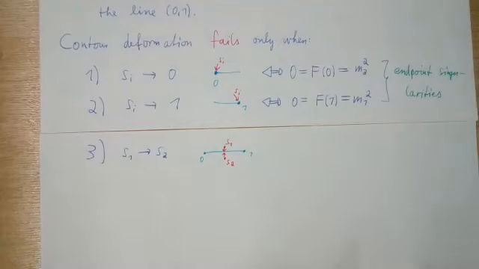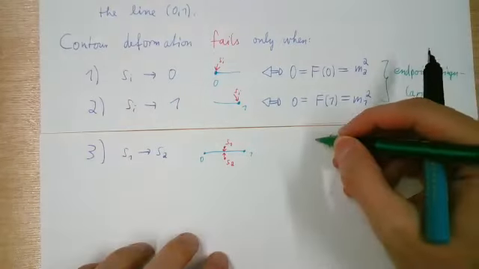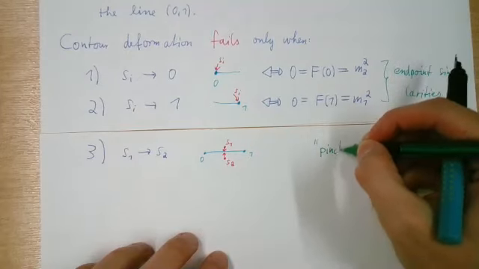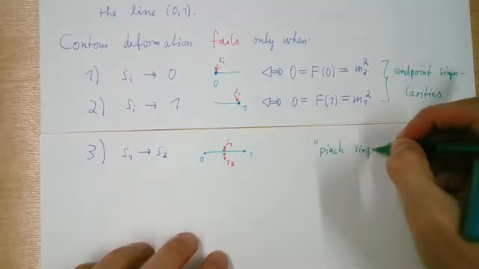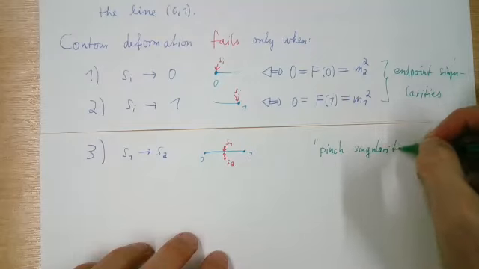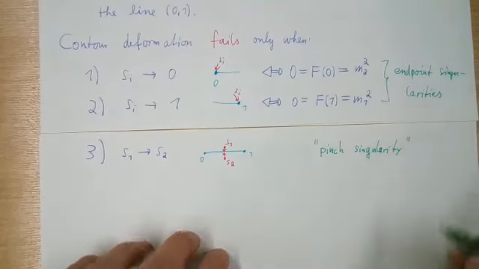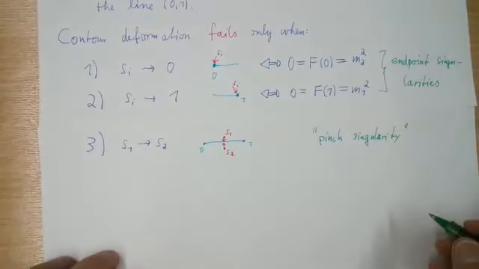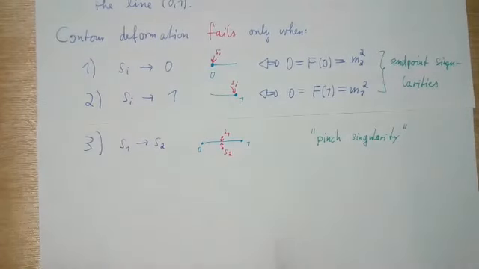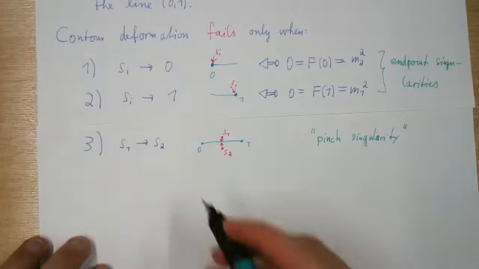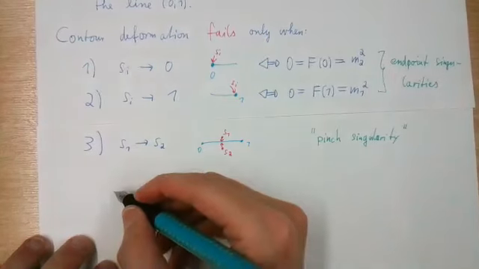So this is a pinch singularity. And you can convince yourself that these are really the only situations that can cause a divergence of the integral that you cannot avoid.